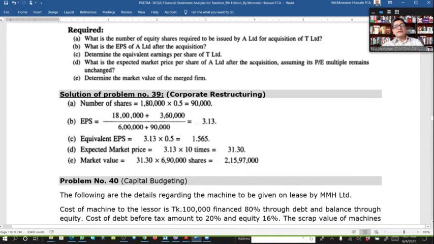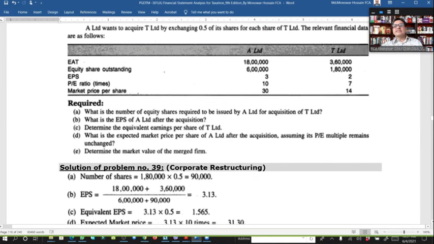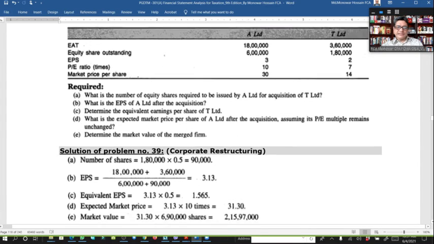Equivalent EPS means the combined EPS after acquisition, 3.13, multiplied by half, because the owner is company T. So it comes to 1.565. It's less than the previous one. After acquisition, the EPS of T company is below what it was before, but for A it increased.